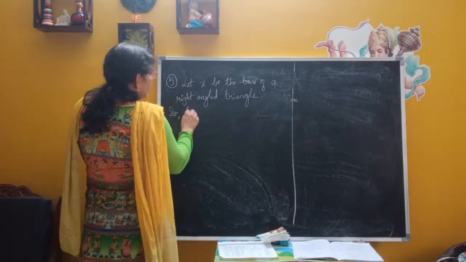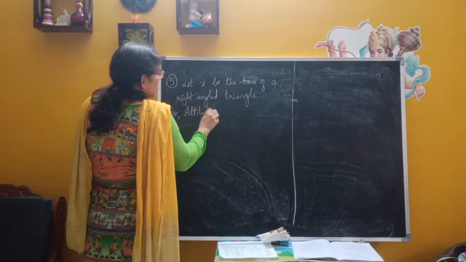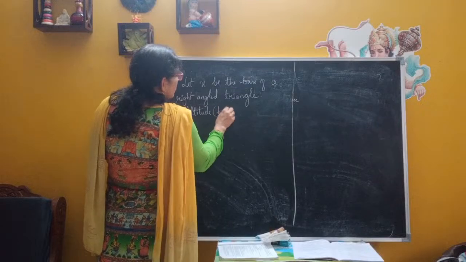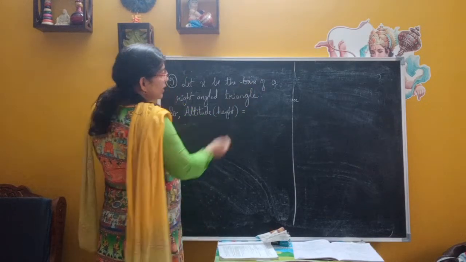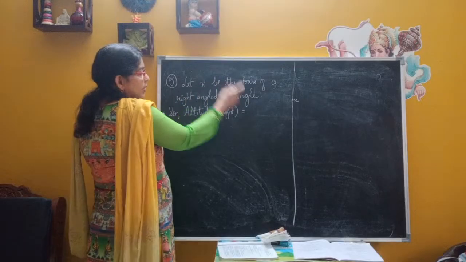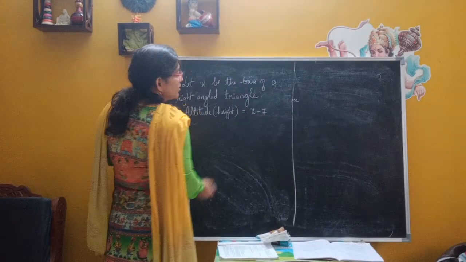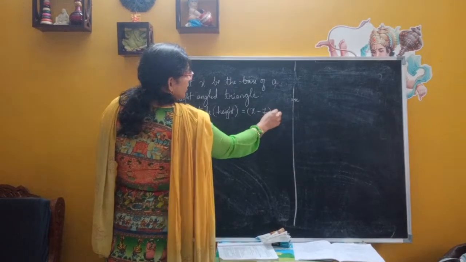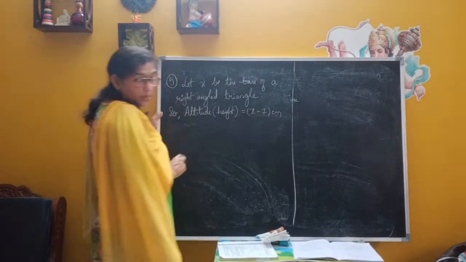Altitude or height is 7 centimeter less than base. So x minus 7 centimeter. If this is x centimeter, this is x minus 7 centimeter.